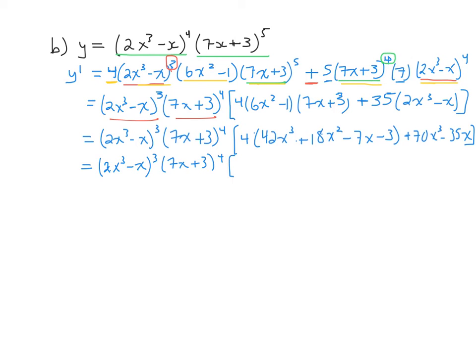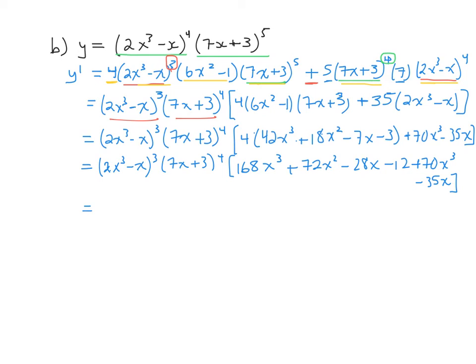And then inside here, we're going to have 4 times 42, which is 168x cubed, plus 4 groups of 18 would be 72, I think, x squared, minus 28x, 7 times 4 is 28, plus, minus 12, and then minus 70x cubed, and minus 35. Plus 70x cubed and minus 35x.